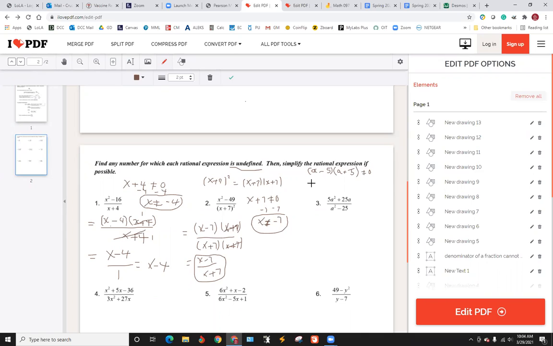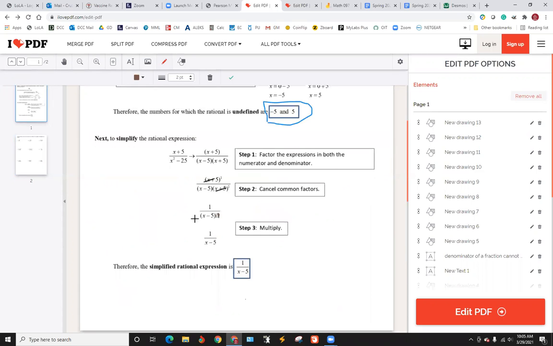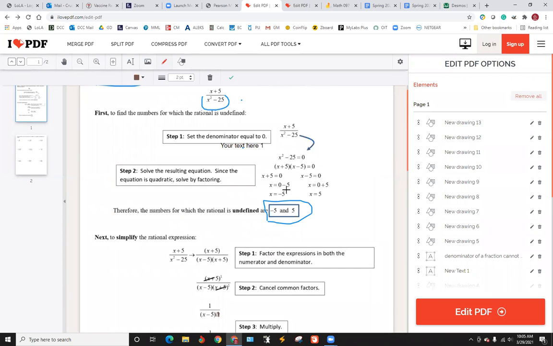So again, that's the same ones. A is not equal to 5, or a is not equal to negative 5. So there's our 2 answers to this one. That's what makes it undefined. Like I said, it's basically just the same one from here. It's just that instead of x, it's a.